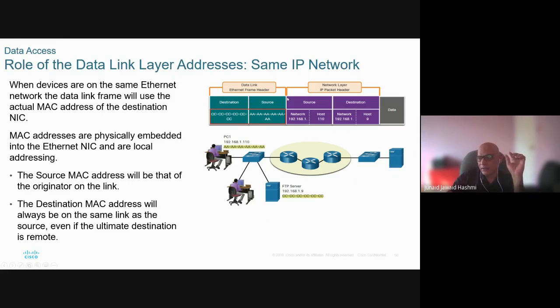Now, when a packet goes through the router from one network to another network, the source MAC address changes. It changes from the original MAC address to the MAC address of the router interface. This information is important when you're troubleshooting a networking problem.